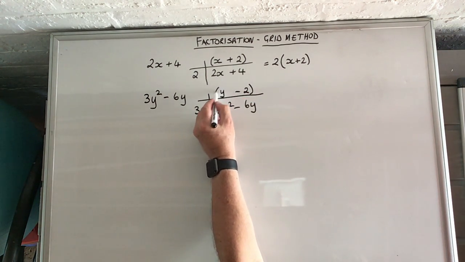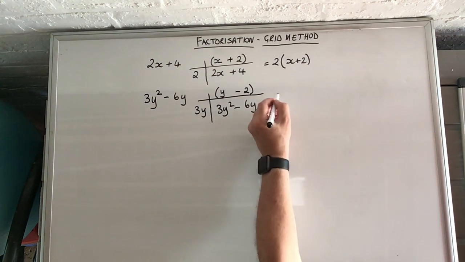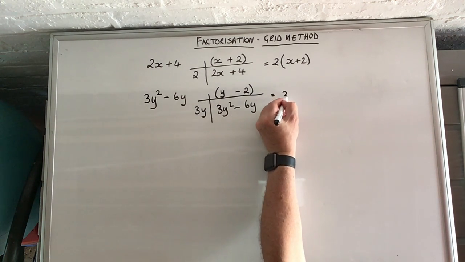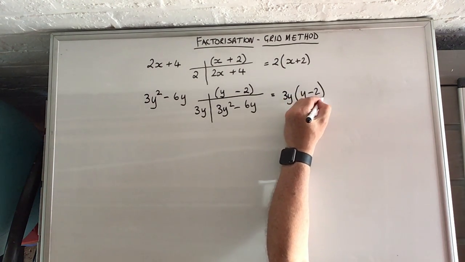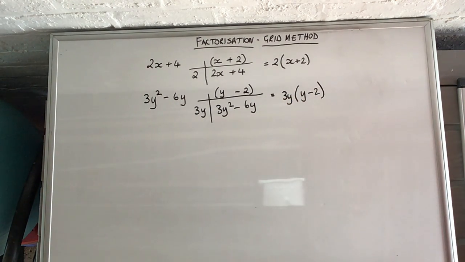Put the bracket in here. And nearly there. Final answer, 3y bracket y minus 2. Remember, if you don't put the brackets in, it's wrong, no marks. But it's quite simple, quite straightforward. And this is easy grid method. We'll go into harder expressions later on in the other videos.